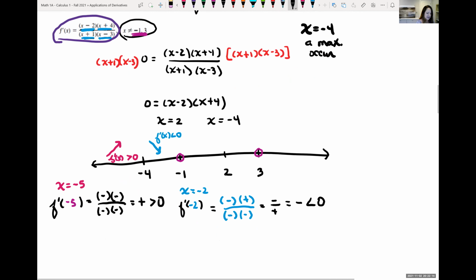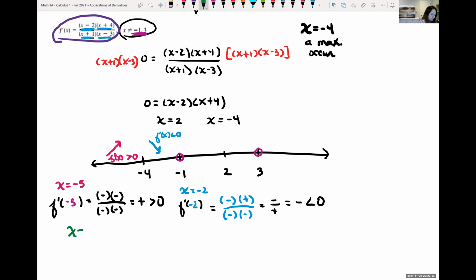So now let's look at a number between -1 and 2. How about x equals 0? If we plug this into the derivative function, we get 0 minus 2, so that's negative. 0 plus 4, that's positive. All over 0 plus 1, which is positive, and 0 minus 3 is negative. So a negative divided by a negative is equal to a positive.